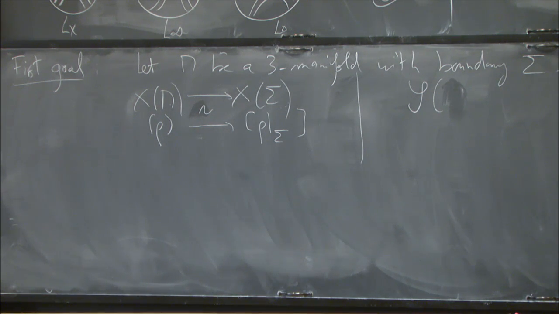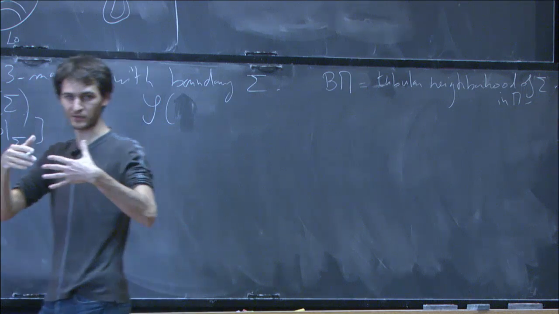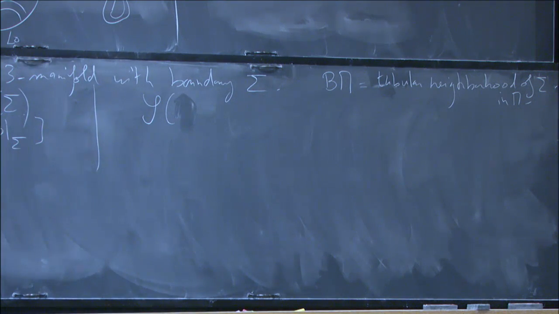Bm, the boundary of M, is just a tubular neighborhood of the boundary sigma in M. And obviously it's a thickened surface, so everything I was talking about in the case of thickened surfaces applies to Bm.